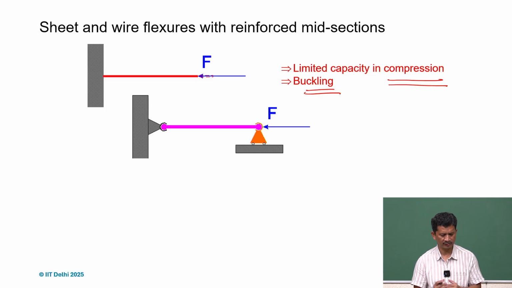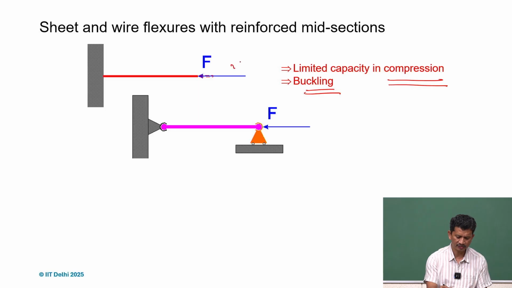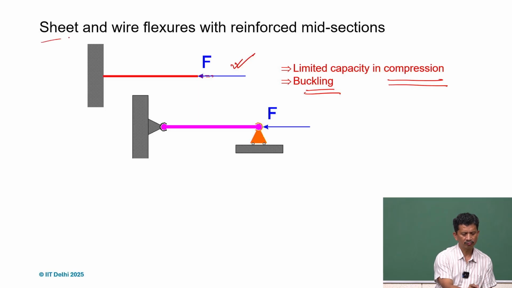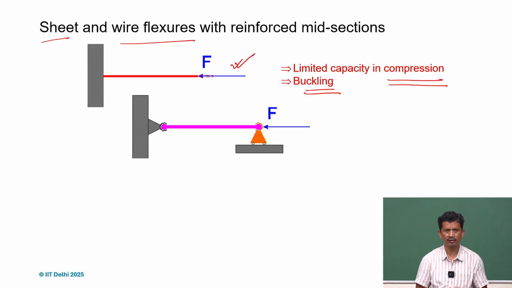In tension, most of the things are fine, but the moment it's a compressive load, we may have a problem, and we may have to ensure safety. Particularly with respect to the sheet flexures and wire flexures, we have to think about it.